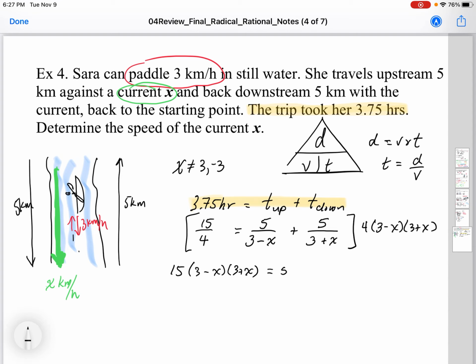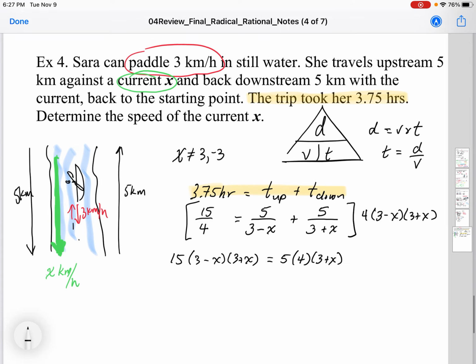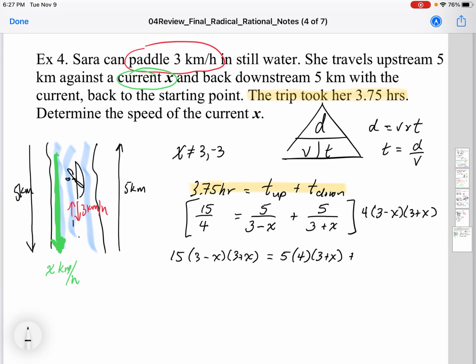I'm going to times by 5. The 3 minus x cancels. I still have a times 4 and a times 3 plus x, plus 5. The 4 doesn't cancel, so I have a times 4. This time the 3 plus x cancels, so I'm just left with the 3 minus x. I don't need a common denominator because I'm just multiplying both sides of the equation. So instead of balancing the fraction like I did in some problems, I'm now balancing the equation.